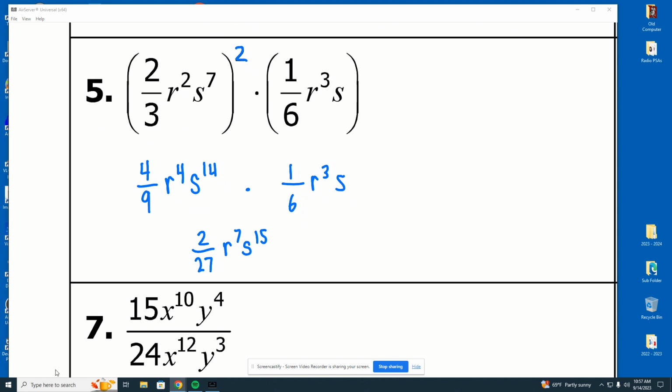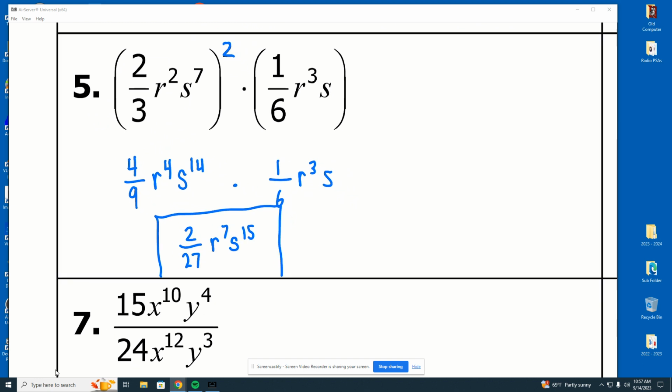I could have left it like this, the way that the problem was written, where you have the fraction out front, and then you have the r to the 7th, s to the 15th right in front of it. Technically, when it's right in front of it, is r to the 7th, s to the 15th in the numerator or the denominator? Y'all know? It's in the numerator.